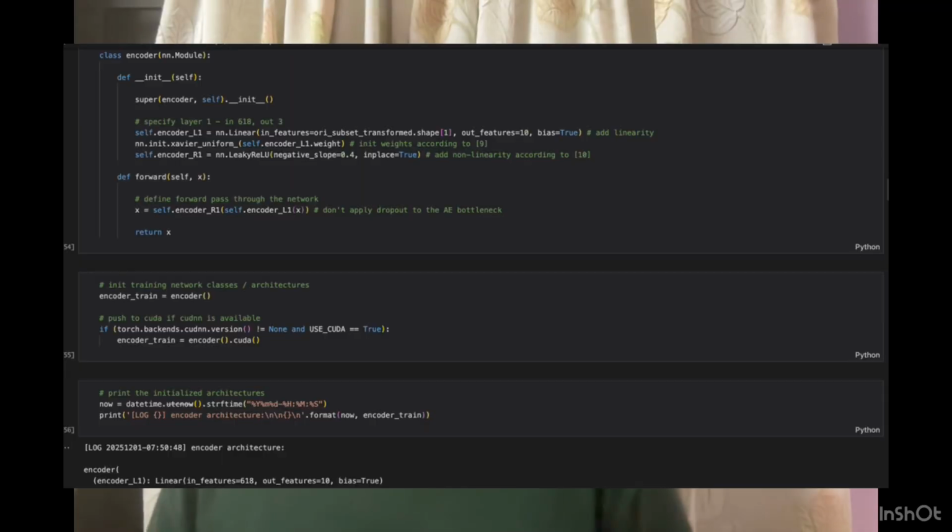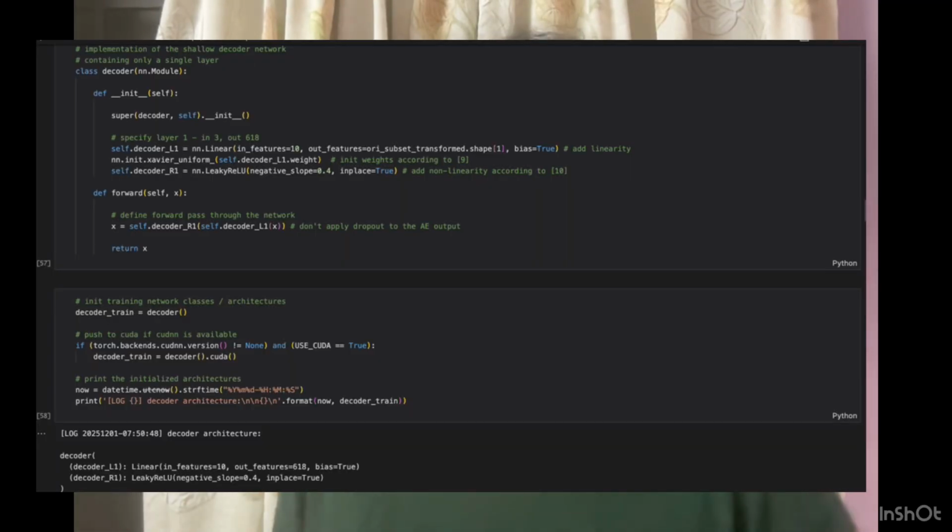The activation function that we use here is nn.LeakyReLU with a negative slope of 0.4, and this is used after the linear transformation, and the weights are initialized using nn.init.xavier_uniform. In the decoder network, after the encoding is done, we have 10 neurons to match the latent space size, that is, the 10 output features that we had, and this is transformed back into 618 output neurons.